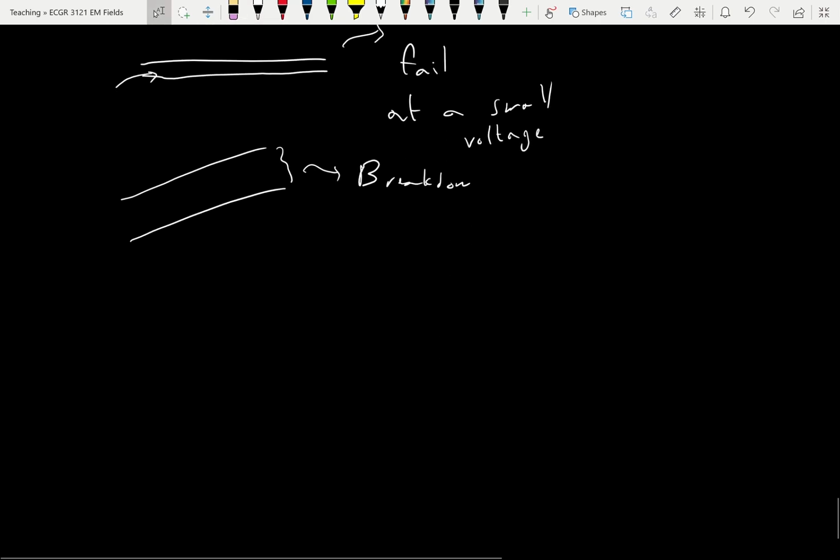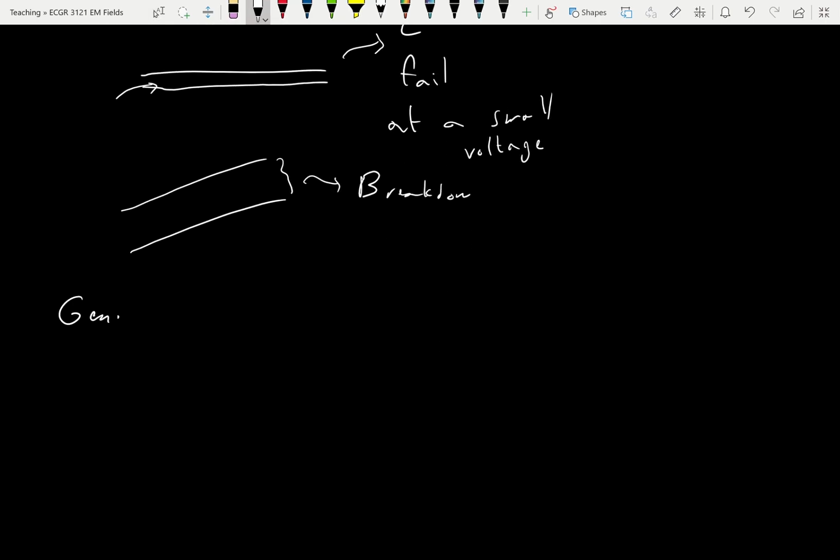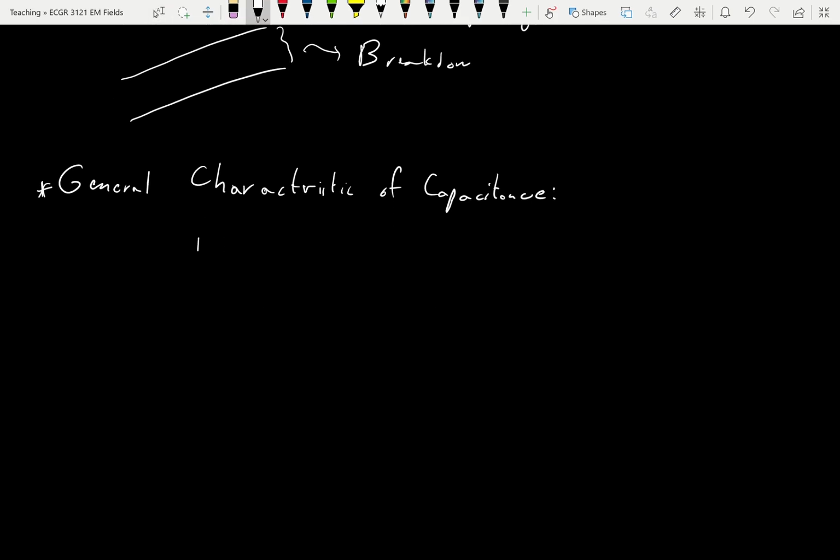Okay, so in summary, what can we say are the general characteristics of capacitance? So we are summarizing here. It's independent of V and Q, independent of applied voltages and charges.